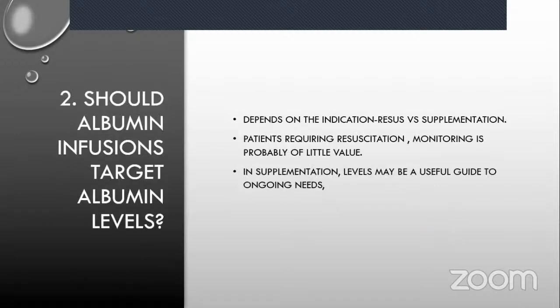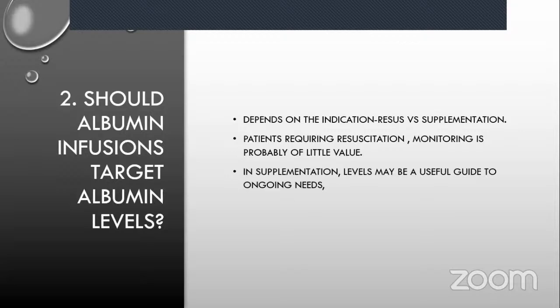Should albumin infusions target albumin levels? As you're giving albumin, should you target a level of 3 or 2? Now, this depends on your indication. We have looked at the difference between fluid loading, fluid resuscitation, and then supplementation. Now, if the patient requires resuscitation, you may not target a particular value because your aim now is to expand the volume.